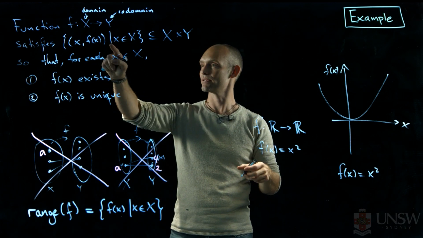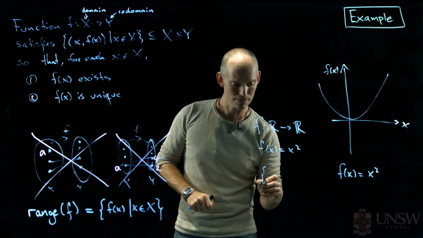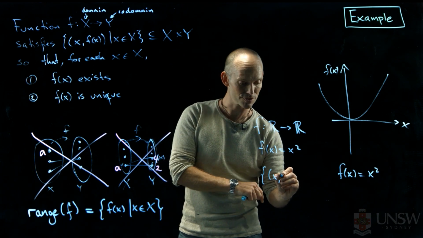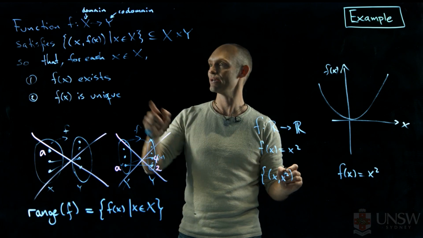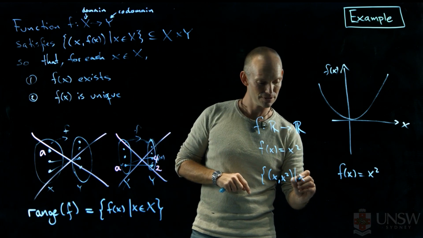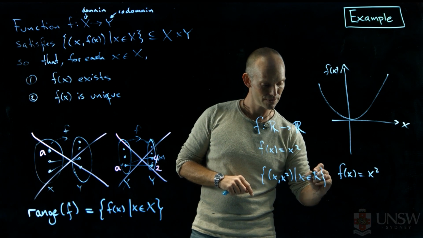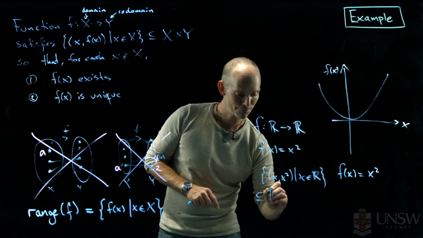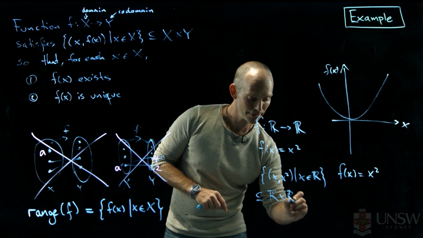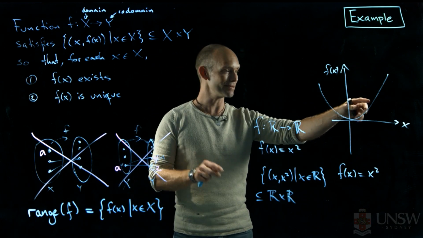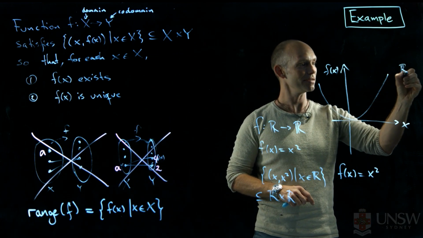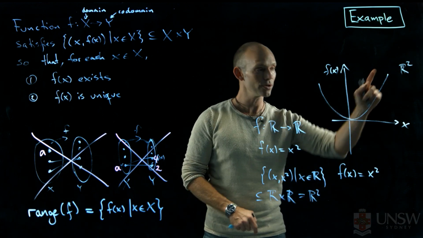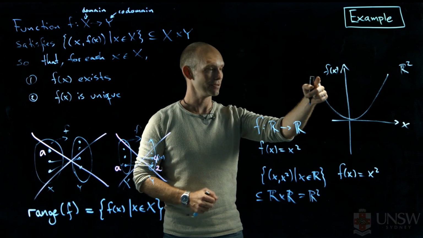So if we write this here, we'd have that the function f can be represented like this: x and the function value, which is x squared, where x is in the real numbers, and this is a subset of R times R. And that makes great sense, because if you look at the graph here, we're drawing things in the plane, R squared, which is the same as R times R. So we're talking about points in the plane, and that's exactly what this function is.